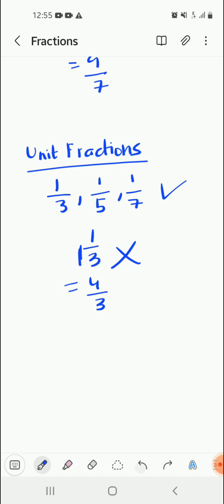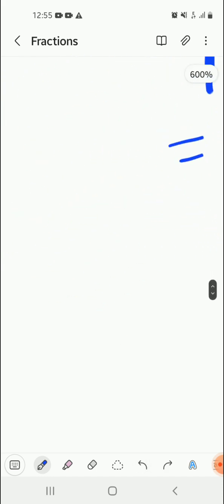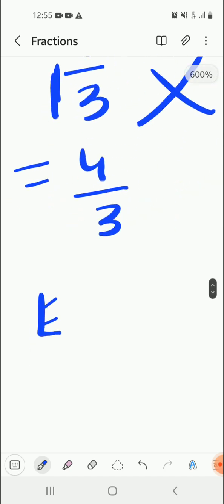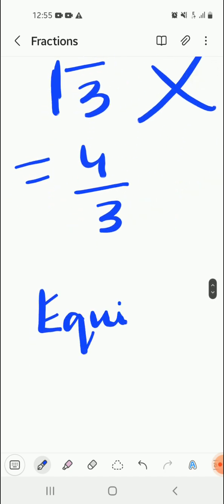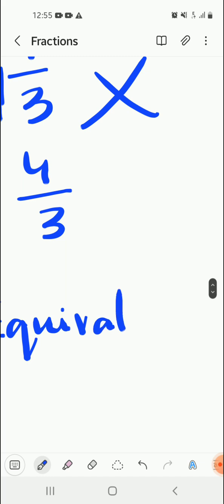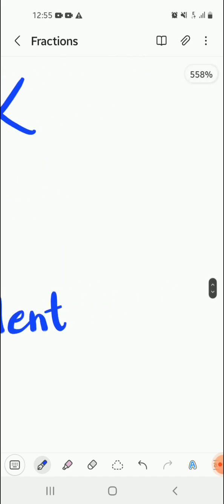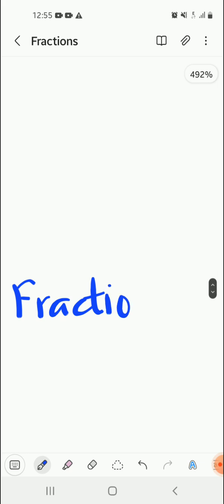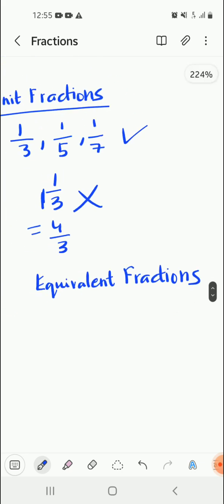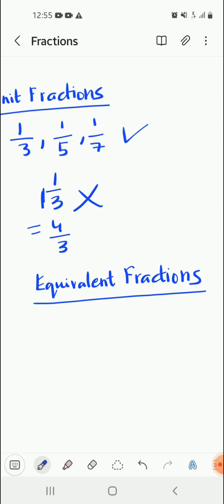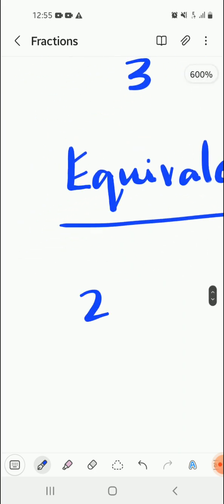Now what we are going to learn is what is called the equivalent fraction. Equivalent fractions means two fractions or three fractions with the same value. It looks different but has the same value. How is this possible? For an example, we have got a fraction 2 by 3.